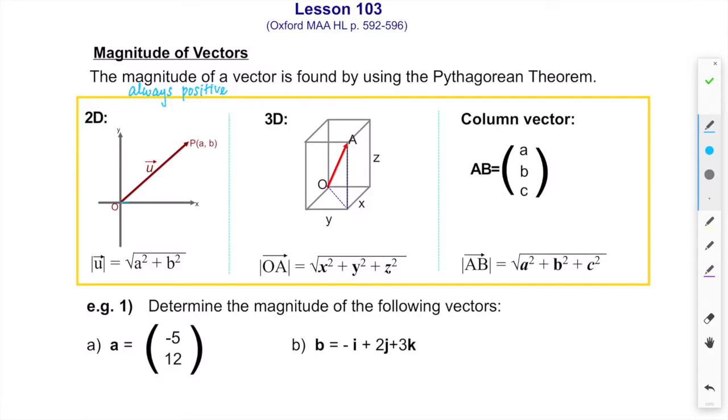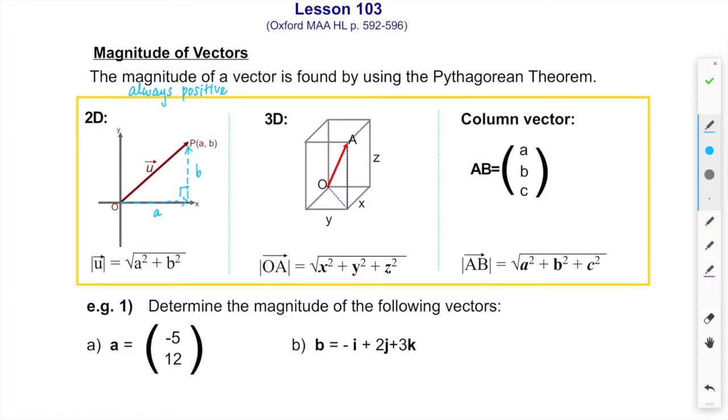So that implies that the x component has a length of a and the y component has a size of b, which forms a right triangle here. So geometrically speaking, the magnitude of the vector u can be calculated using a squared plus b squared, all square root. Basically, that's the Pythagorean theorem.